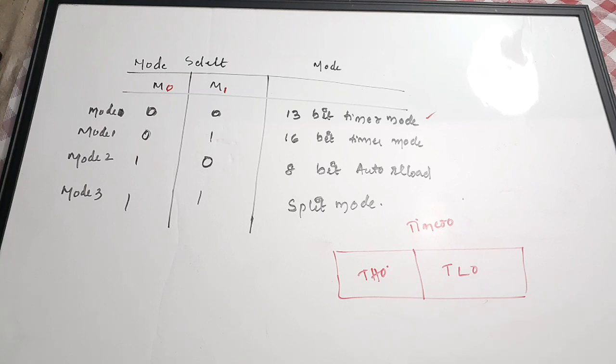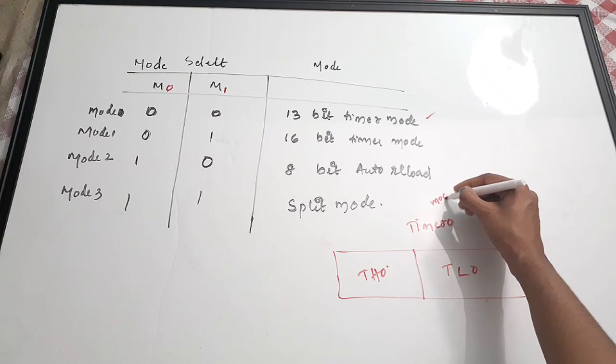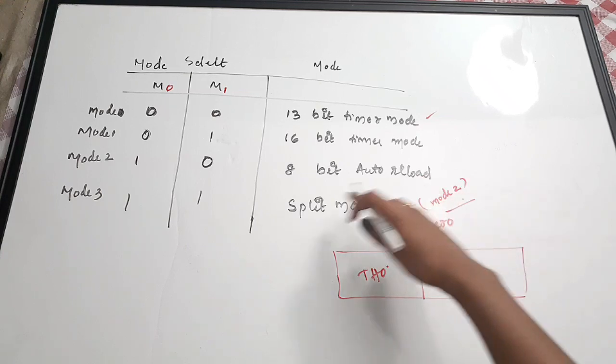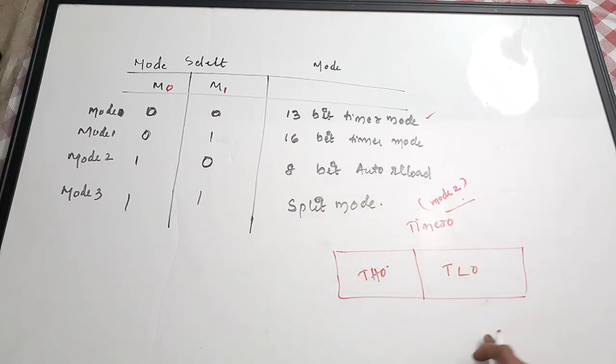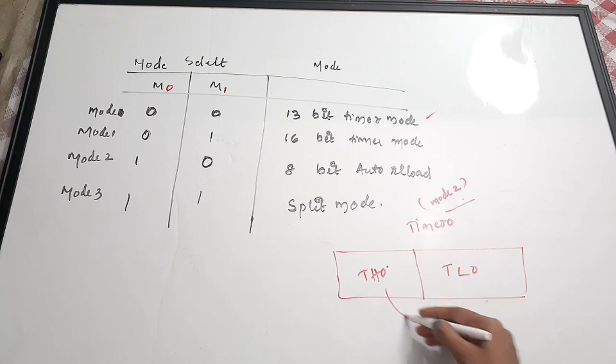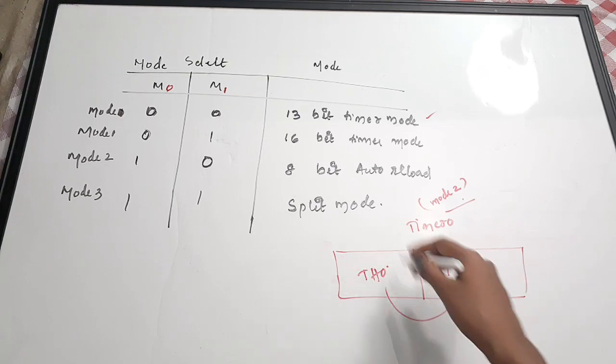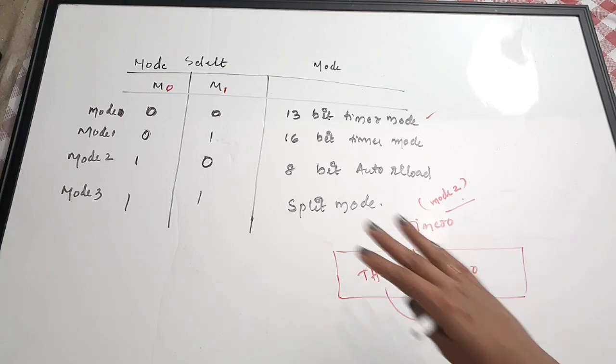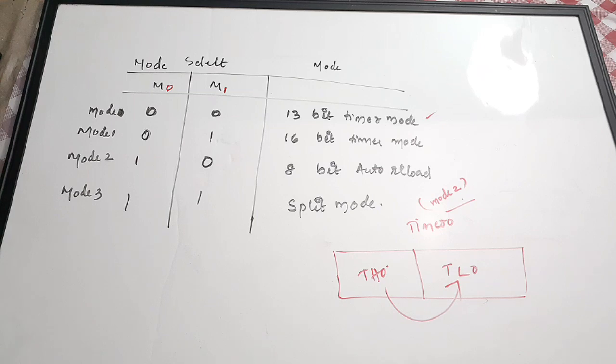When we run the timer in mode 2, the 8-bit auto reload mode, during the overflow of the timer's lower byte, it will automatically be reloaded with the value present in the higher byte. I'll explain it once again. Mode 2 is called 8-bit auto reload. The 8 bits are automatically reloaded with the other 8 bits.